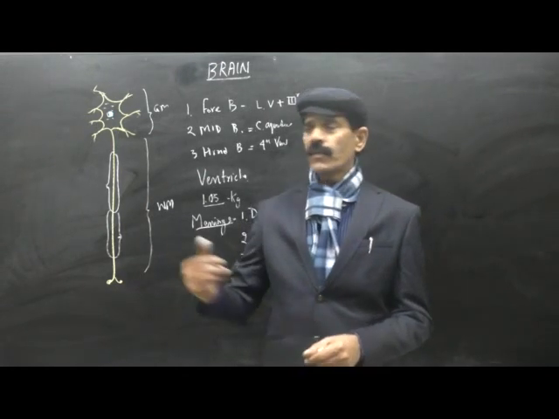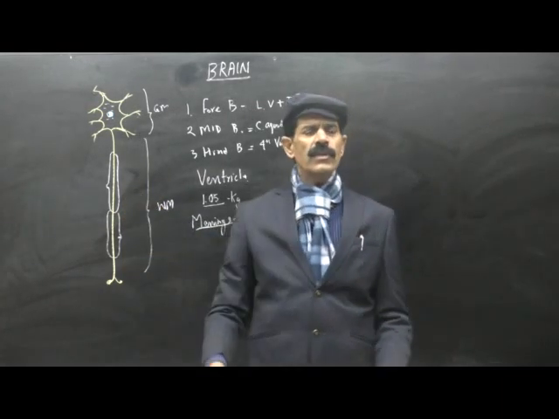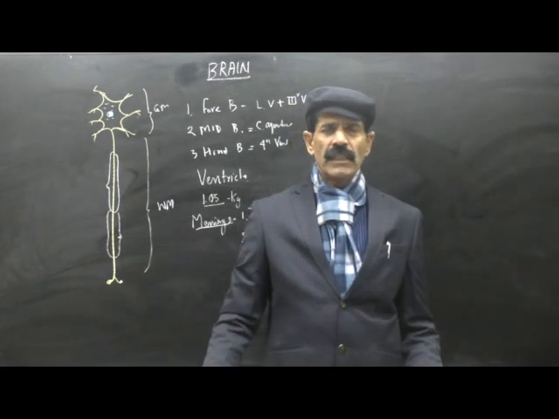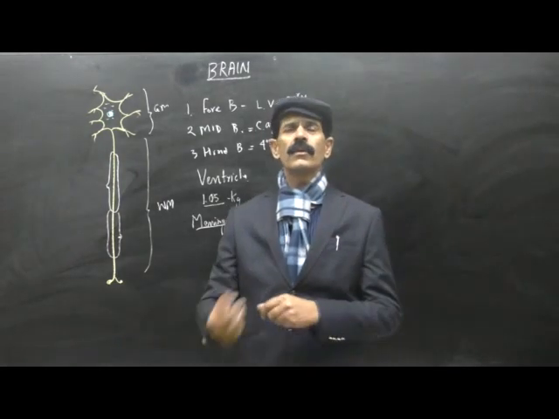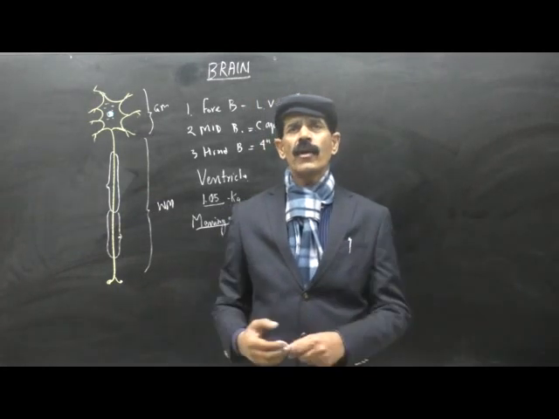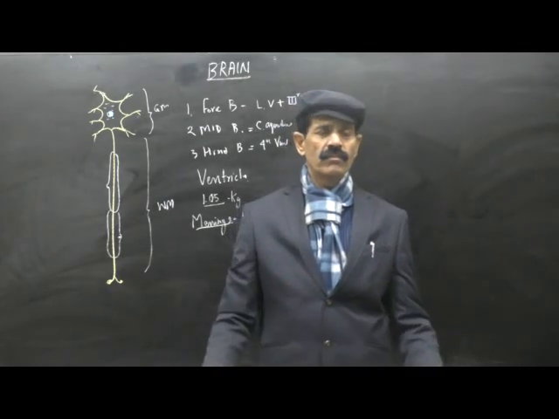Why? Because of the neurons. Because neurons have lost the power of regeneration. These cells do not undergo mitosis, while all other tissues in the human body undergo mitosis. If they are damaged, new ones are formed.